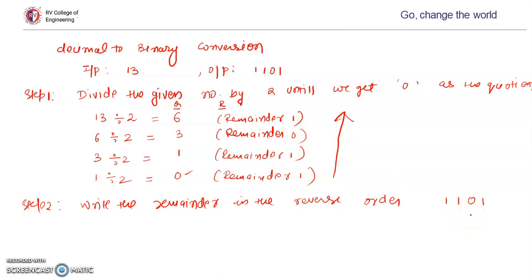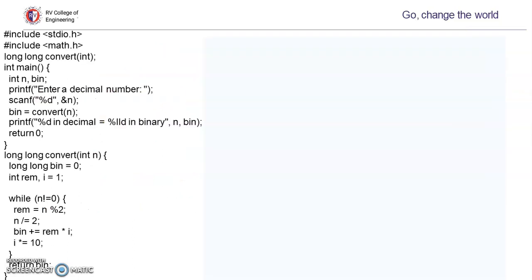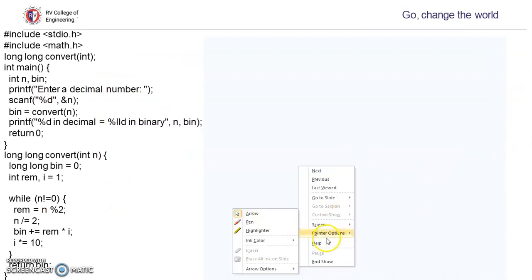Now let's see how to write a program for the same decimal to binary conversion concept, taking the example. This is the C program, written using the function concept.